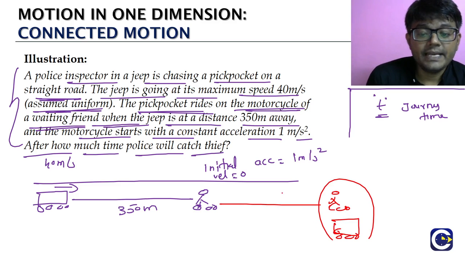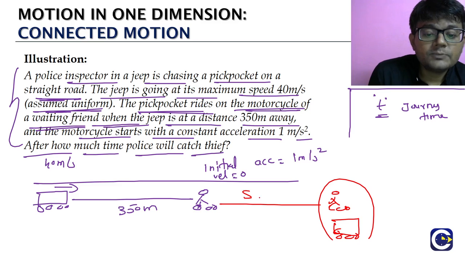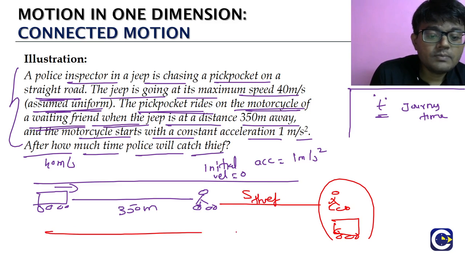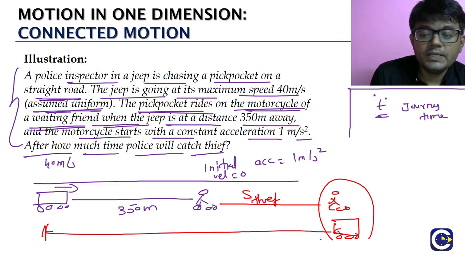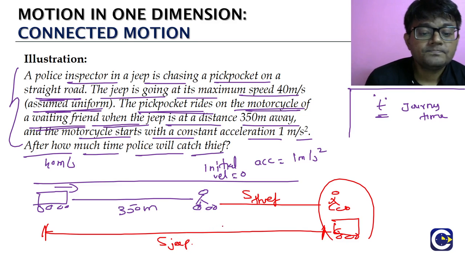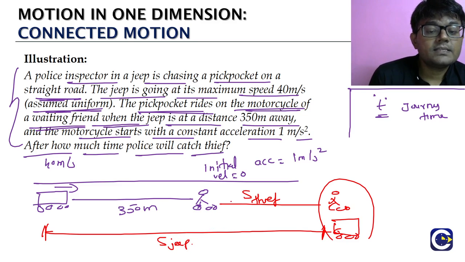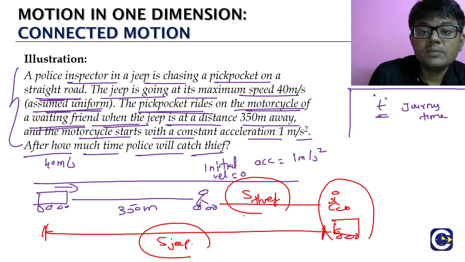In this time, this is the displacement of the thief, and what will be the displacement of the police jeep? This overall thing will be the displacement of the police jeep. So there is a relation between the thief displacement and the police jeep displacement.